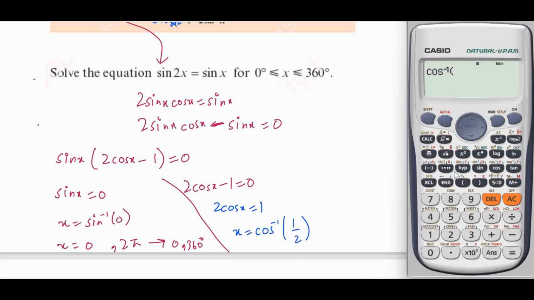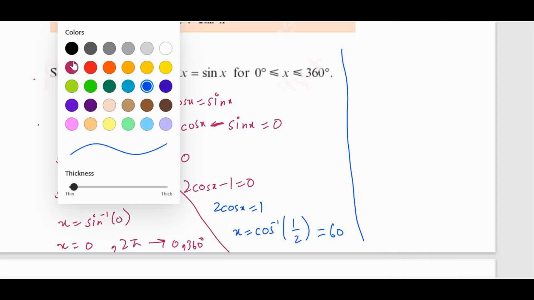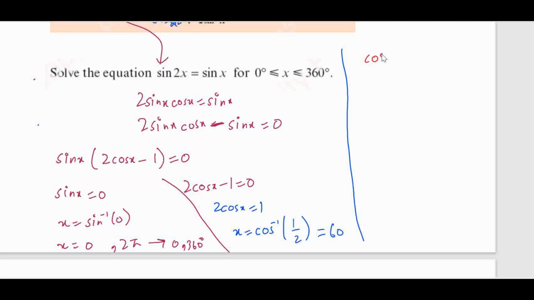Make sure that your calculator is in degrees for this question. Cos inverse of 1 by 2 will be equal to 60 degrees. Now for the second case, cos x is equal to 1 by 2, which means cos is positive. Cos is positive in two quadrants, in this one and in this one.